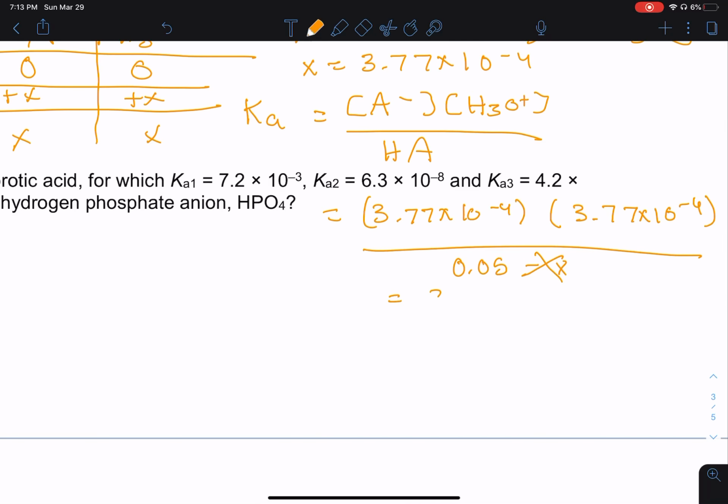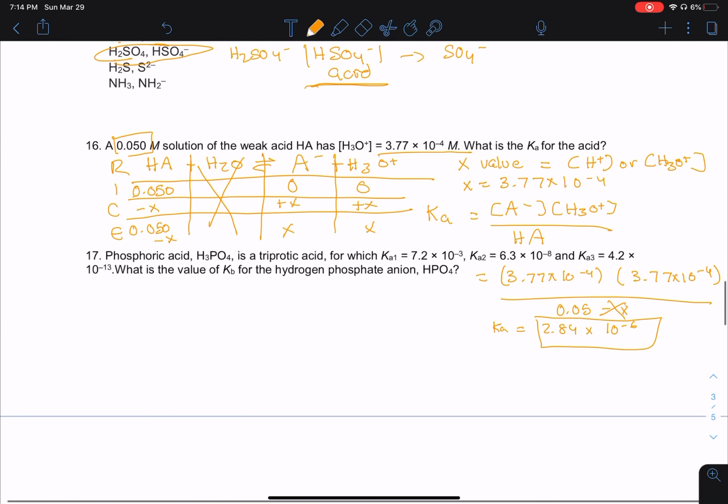So our answer would be 2.84 times 10 to the negative 5. This is our Ka value. Okay?